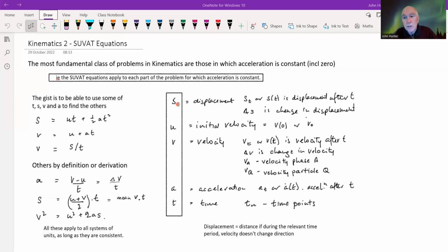So if the velocity changes sign in the period of time you're interested in, that is going to give you a difference. The equations apply to displacement, but you may well be asked for distance in the question. So that really is going through all the definitions and the equations.